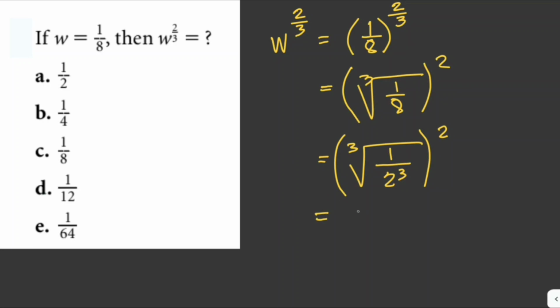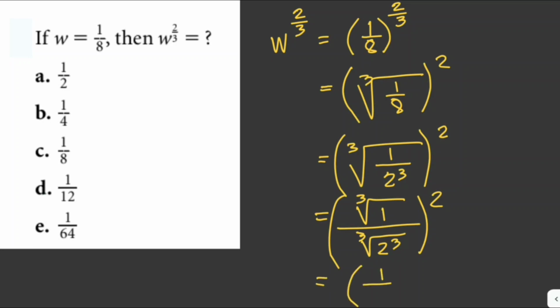So the cube root, we can write this as the cube root of 1 over the cube root of 2 cubed, squared. So this is just equal to the square of 1 over 2, which is equivalent to 1/4. So the answer here is letter B.